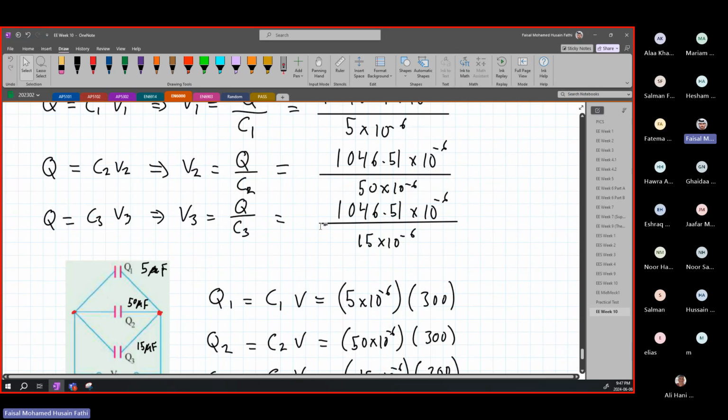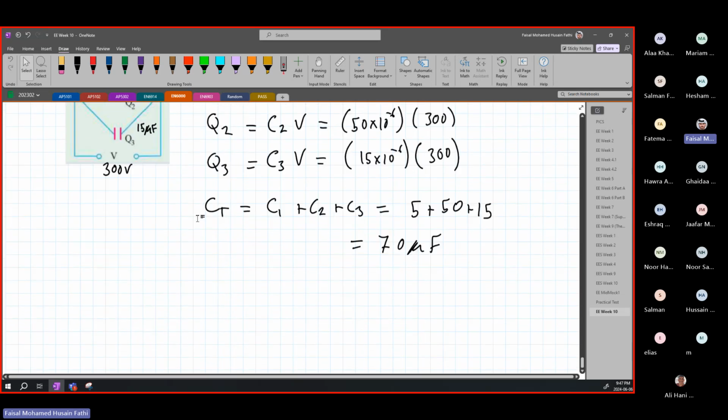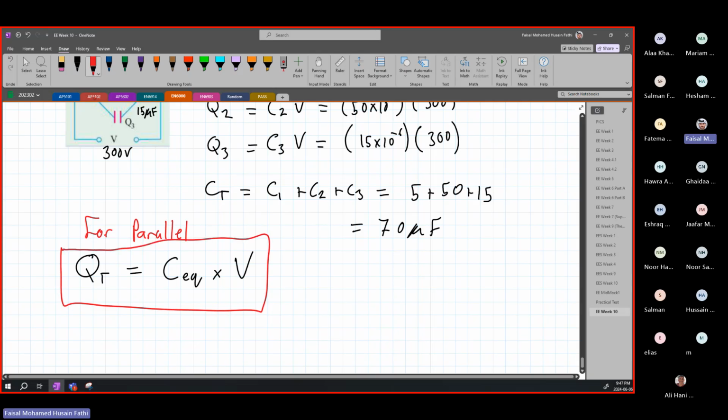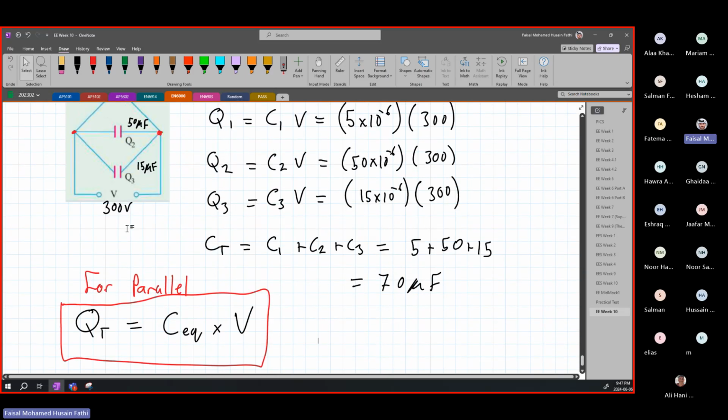However, in a parallel circuit, Q total is equal to C equivalent times the voltage. Your Q total in parallel is equal to the C equivalent times your voltage, or V total, but in parallel they're all the same voltage.